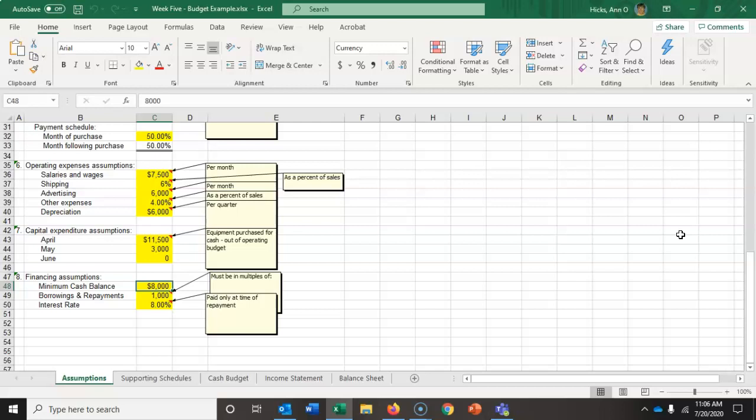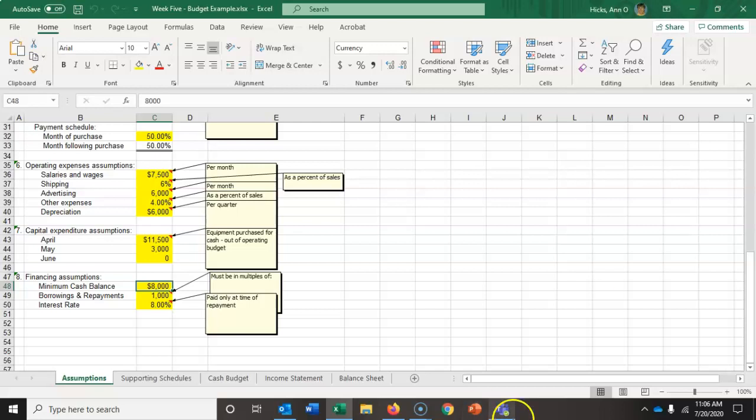And then lastly, the interest on that line of credit is 8%, and we repay it only when we repay the loan. A lot of these assumptions I'm making in somewhat of an oversimplification approach, just because for illustration purposes, it's easier. So those are all our assumptions.